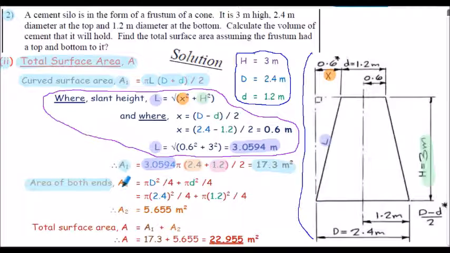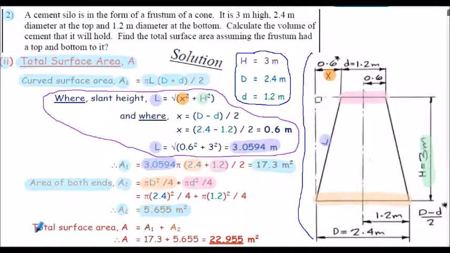Put this A2 here. The area at the bottom is pi multiplied by the large diameter squared divided by 4, and the area at the top would be pi multiplied by the smaller diameter squared divided by 4. So evaluating A2, area of both ends, is 5.655 meters squared.